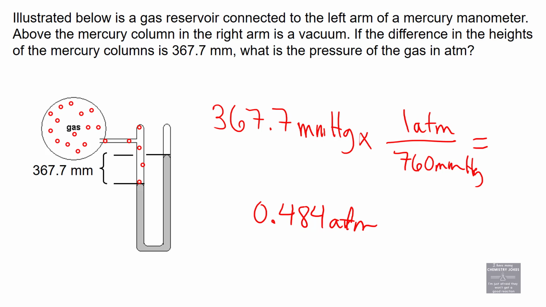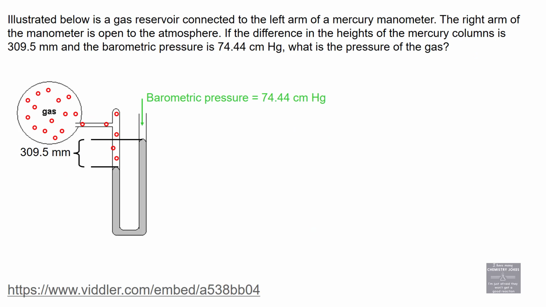Not bad at all. What about in an open end manometer? The height is 309.55. Barometric pressure is 744.4 millimeters of mercury. All I did was change that centimeters into millimeters because that's what I'm more used to. What's the pressure of the gas?